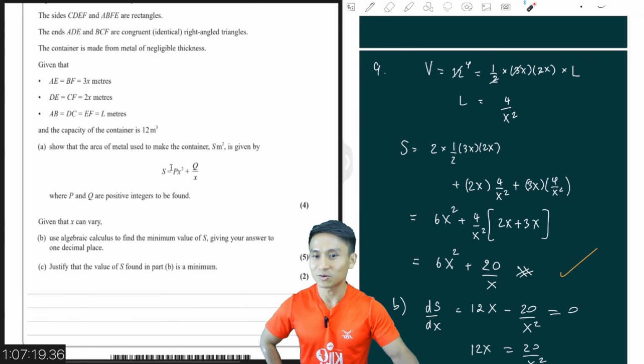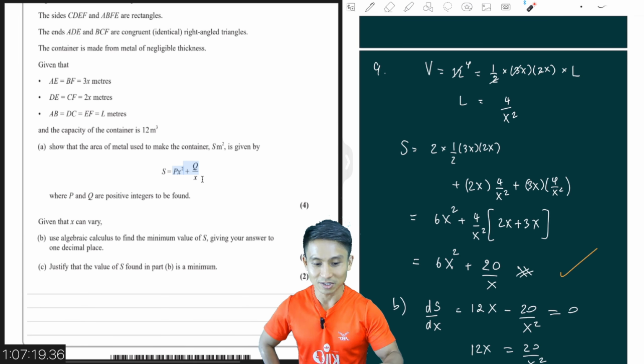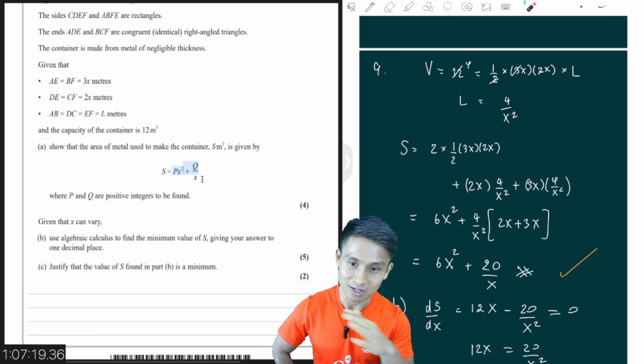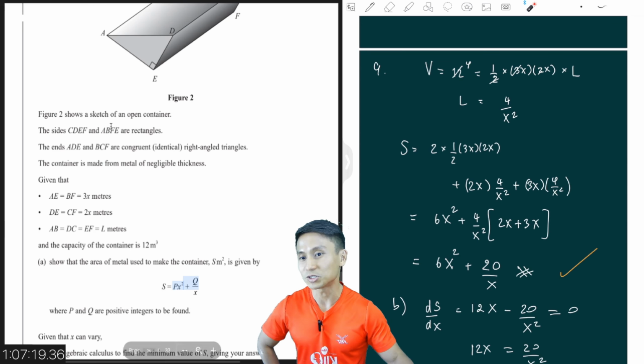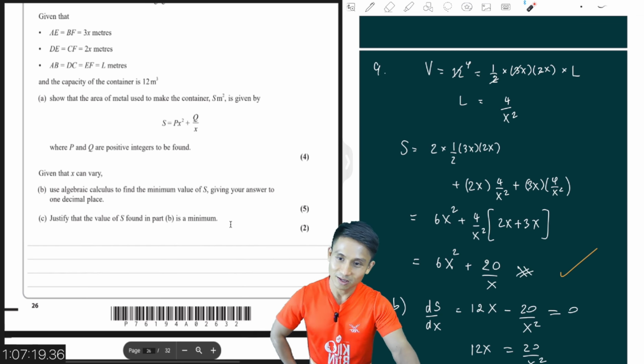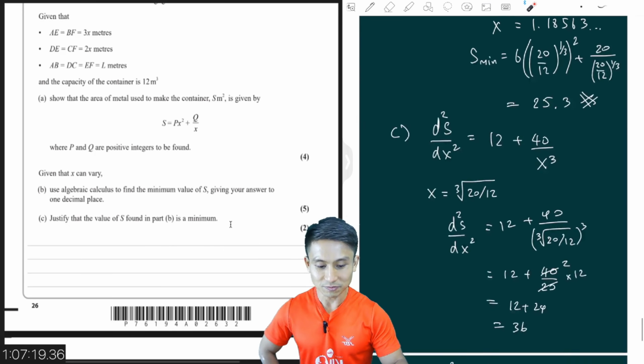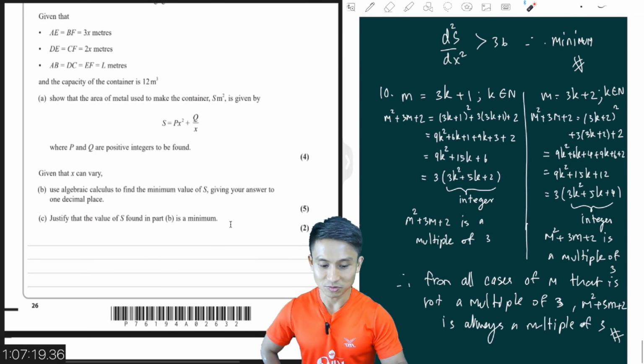Then I realized this doesn't look right, because I had a root 13 first. And then I read the question again, and it starts with an open container. So I fixed that in time. And everything else is fine here. Proof that is a minimum, so classic.